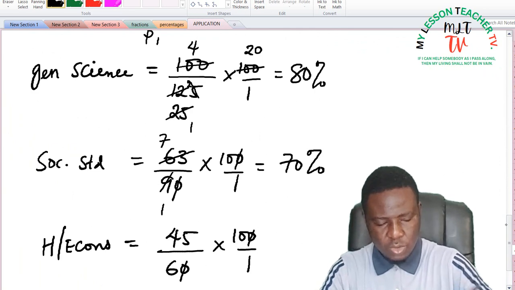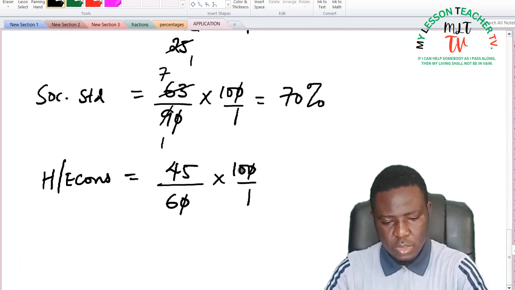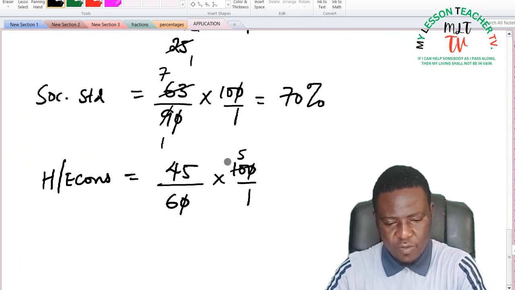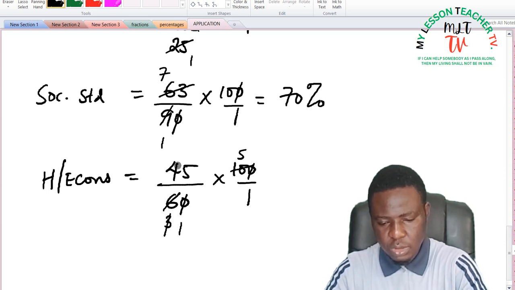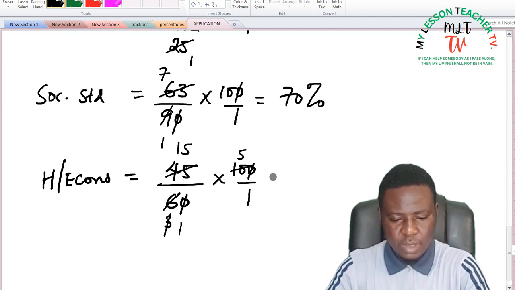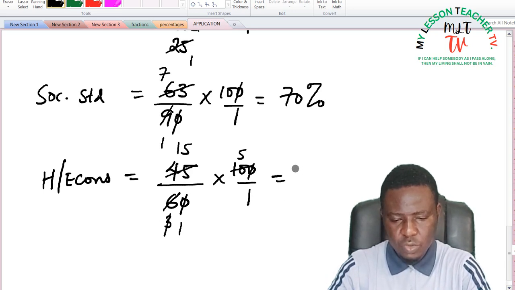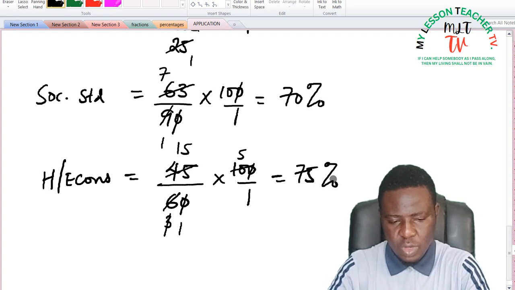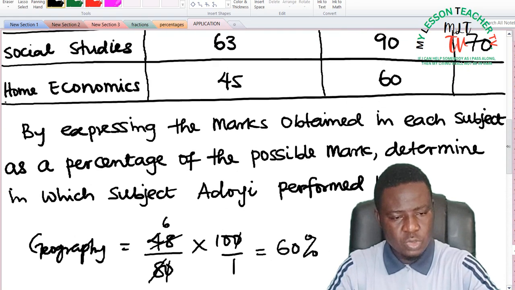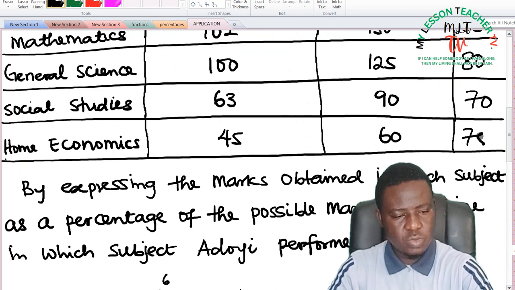This will cancel out. 3 into this is 15. And 15 times 5 gives you 75. So we have 75% in home economics. So home economics is 75.